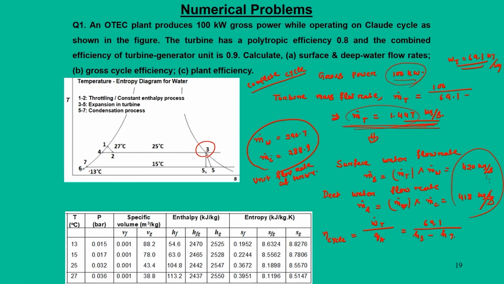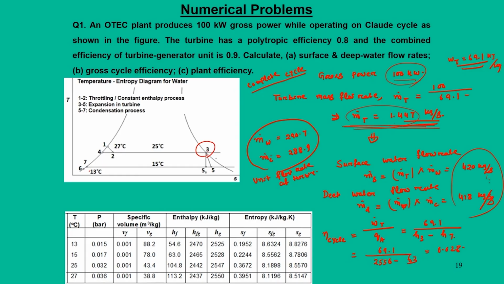So, that is 69.1 divided by 2550 minus H7, which is 63, and this number comes out to 0.028.